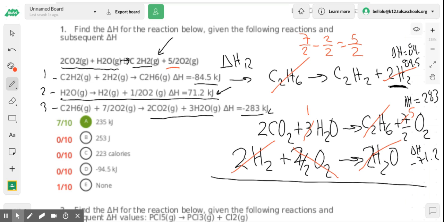So let me get a blue color now to write down the equation. That will be 2 carbon dioxide plus 1 water producing the C2H2 as a product plus 5/2 of oxygen.